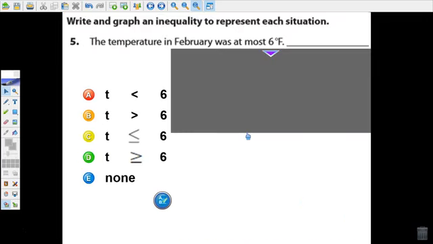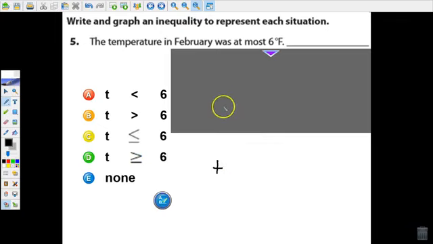Okay, now write and graph an inequality to represent each situation. The temperature in February was at most 6 degrees Fahrenheit. All right. So that's T for temperature.